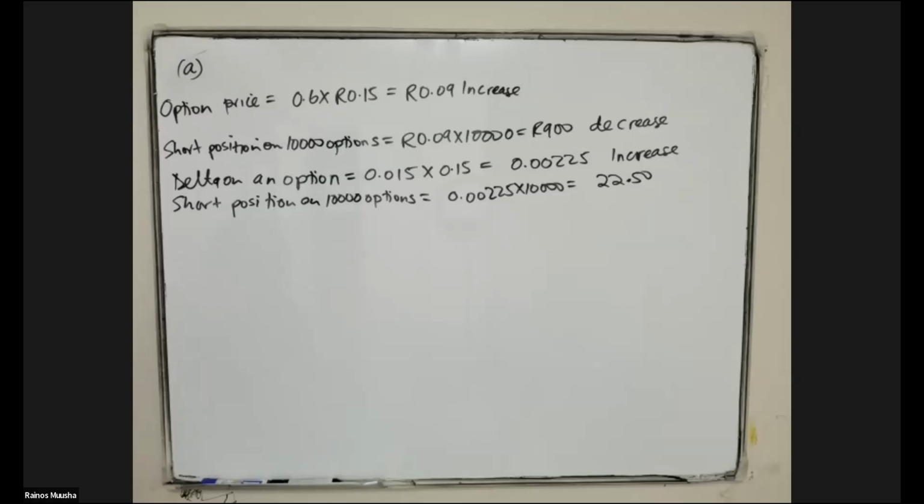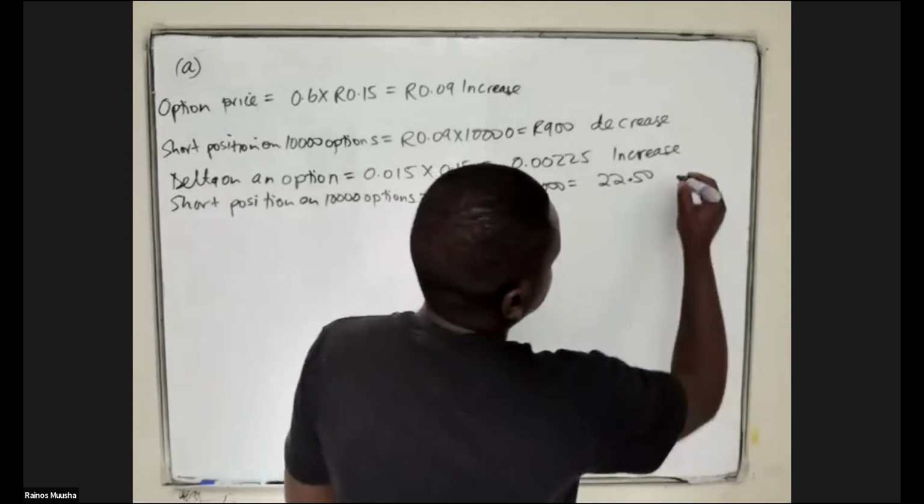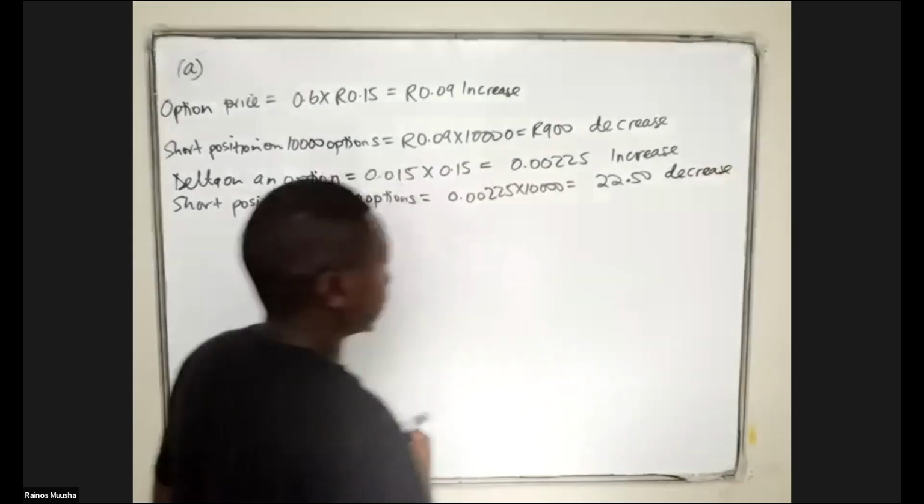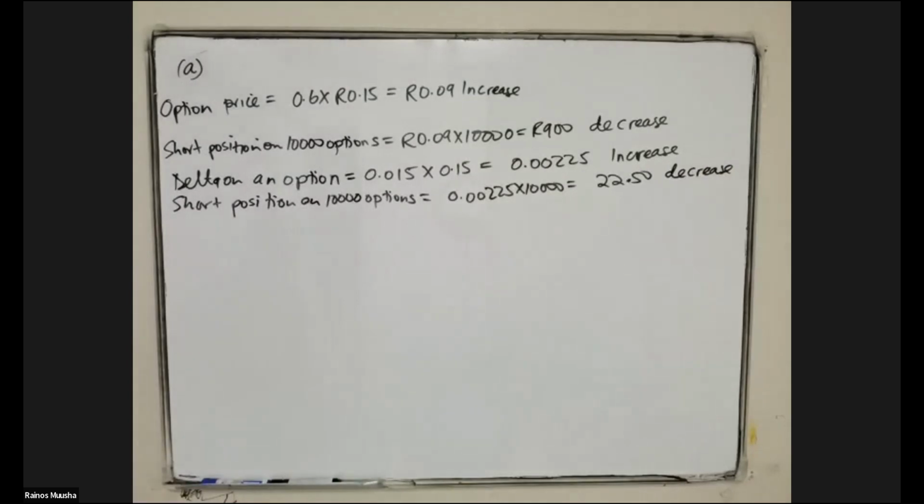Is it an increase or is it a decrease for the party who took a short position? It's a decrease, isn't it? Because when the party who took a long position is gaining, the party who took a short position is going to be losing out.